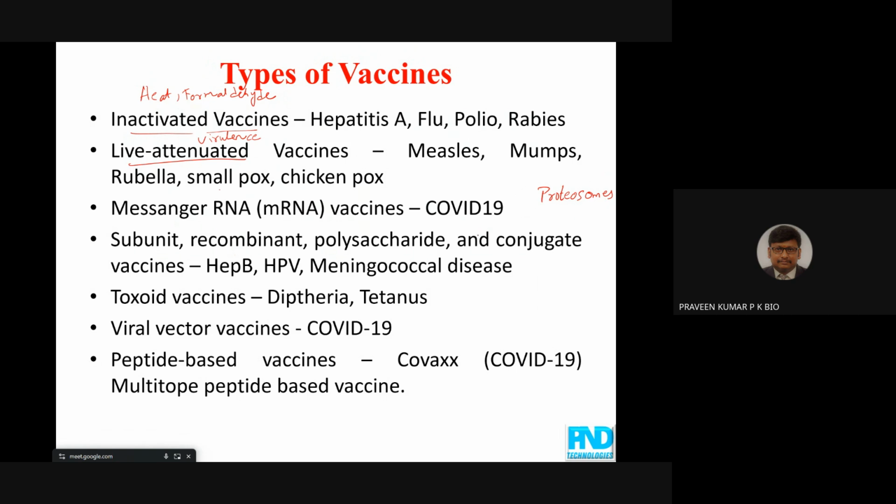If a virus enters our immune cells, the proteasomes degrade the viral membrane and release the proteins, which can further degrade into peptides. These small units of proteins or peptides we call subunits. Then recombinant, polysaccharide, and conjugate vaccines also come under one category.